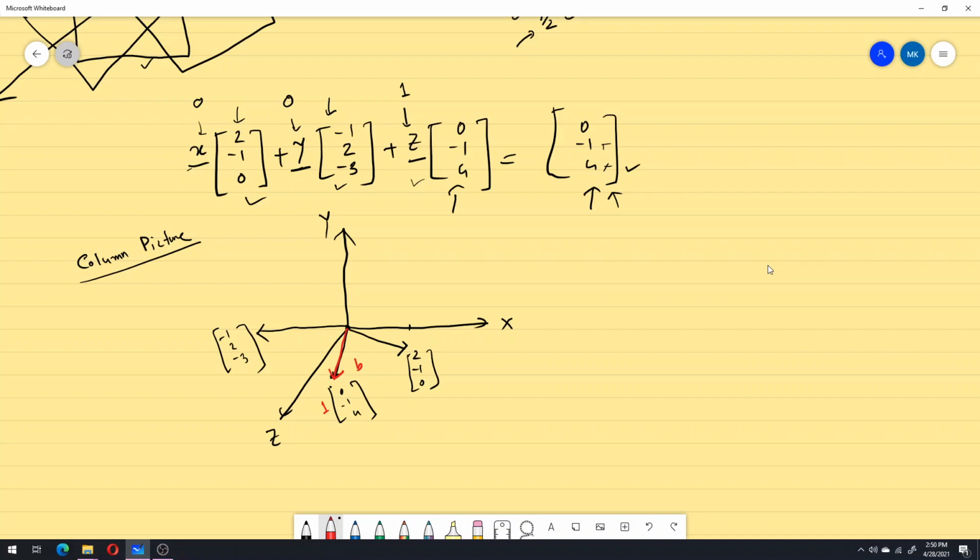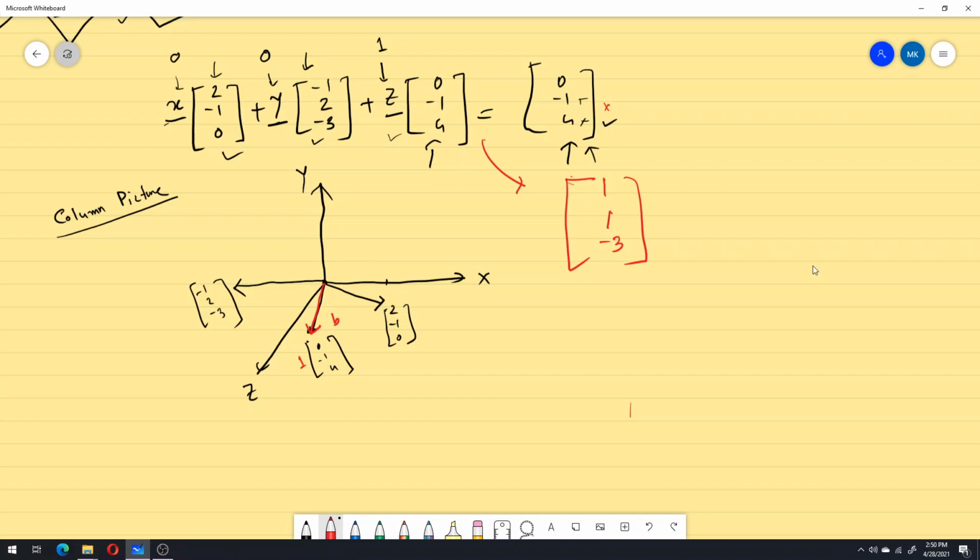Imagine if you have a different right hand side. Let's say you have another right hand side, not this one. 0, -1 and 4. Okay, I'm sorry, it should be 1, 1 and -3. So this is your solution set. How do you get this?